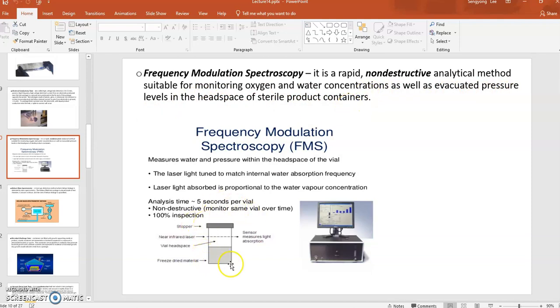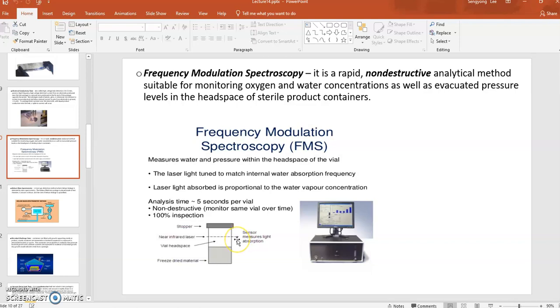This is your drug vial, right? You are shining laser light on the headspace of the drug. Your drug is located at the bottom and it's sealed. The laser light goes through the headspace area, and on the other side there's a sensor that measures the light absorption. If there's any leakage, you can detect it through the change of the laser light.